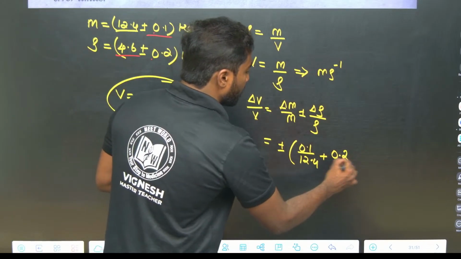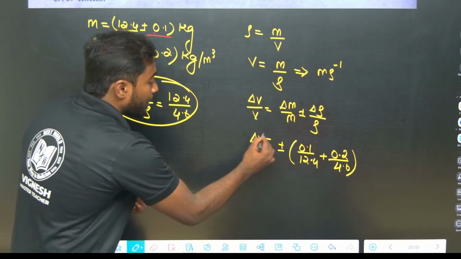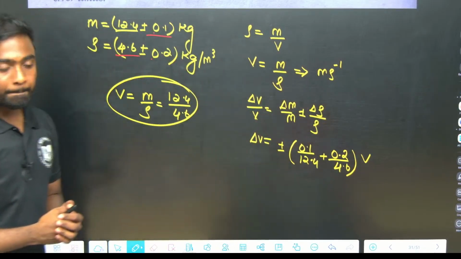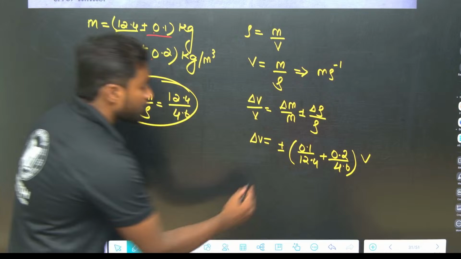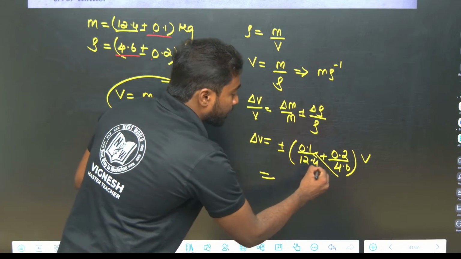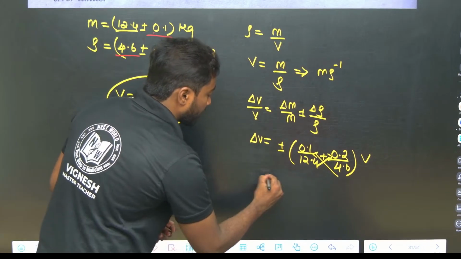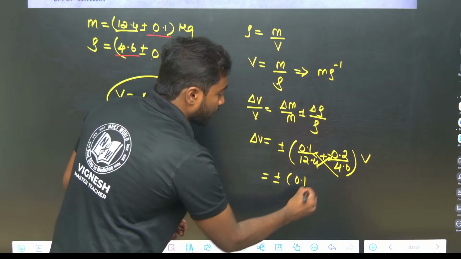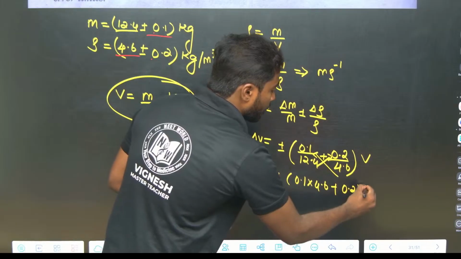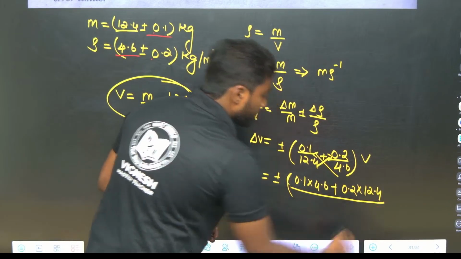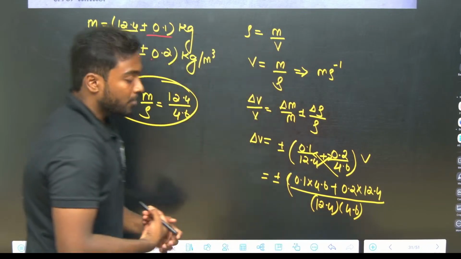If I want to find delta V, I'll multiply by V, which is 12.4 by 4.6. In this case I can cross multiply the values: plus or minus 0.1 into 4.6 plus 0.2 into 12.4, divided by 12.4 into 4.6. So what is the value of V here?